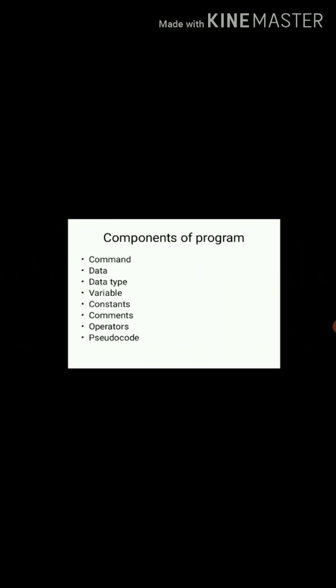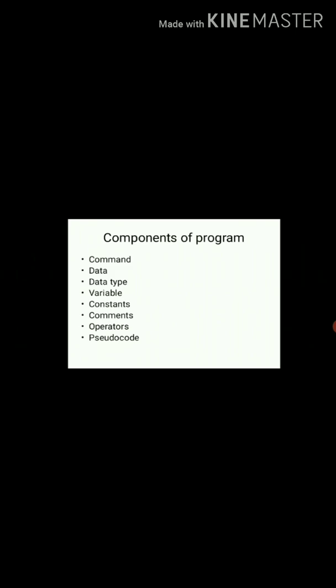Next is constant. Constant means fixed value. Constants are the type of data that do not change throughout the program. These are three types, like numeric, character or string. Numeric constant means 15, 20, any number, 13.2.